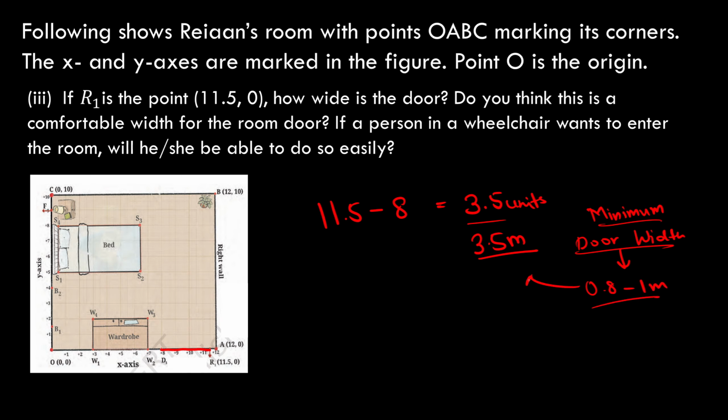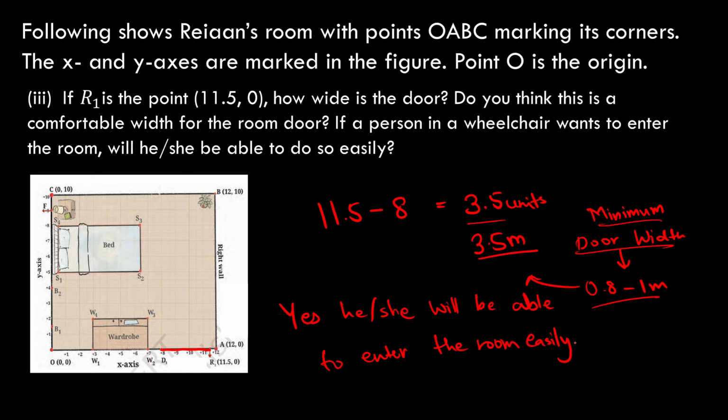So yes, we can write, yes, he or she will be able to enter the room easily. So we just found the width of the door. Now moving on to the next question.